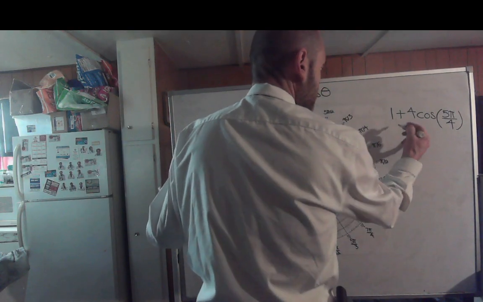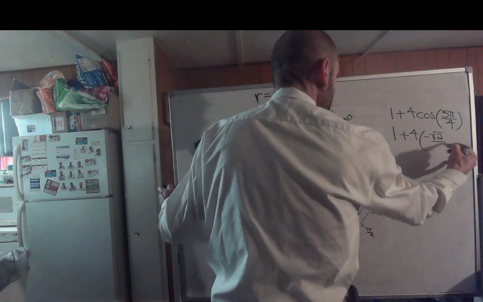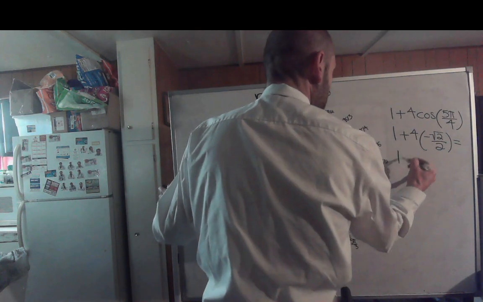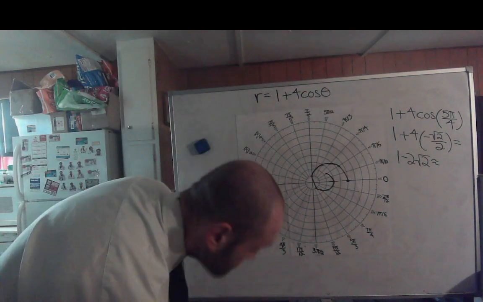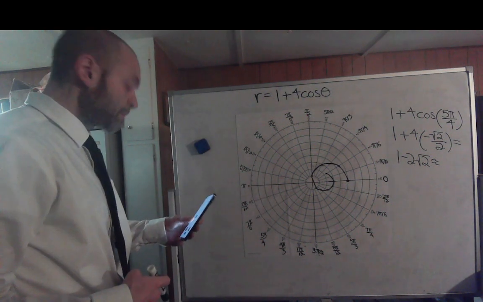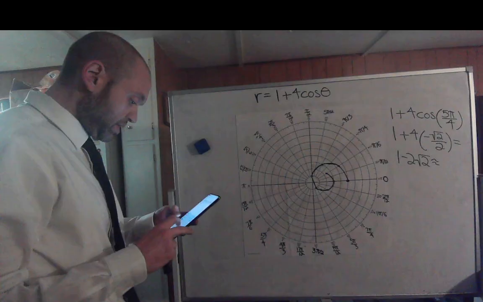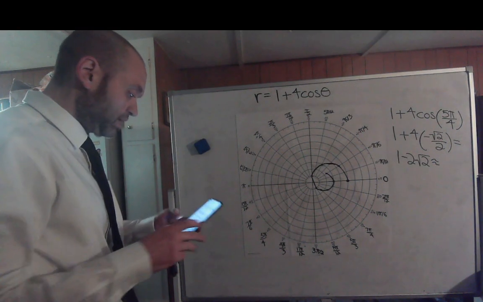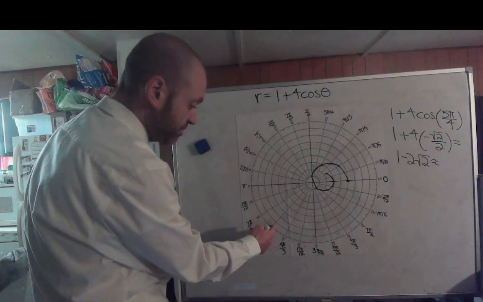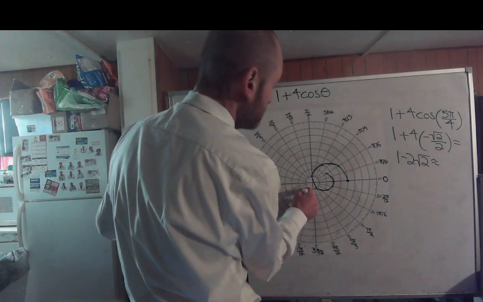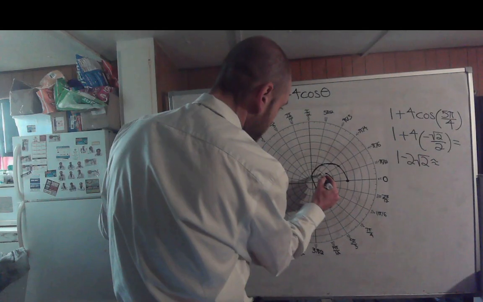That's square root of 2 over 2, so this would actually be 1 plus 4 times negative square root of 2 over 2, which is the same as 1 minus 2 times the square root of 2. Let's see what we get for a decimal. So negative 2 times the square root of 2 plus 1, that's about negative 1.83. But if I go backwards on the 5 pi over 4 axis in the negative, that puts me on the positive pi over 4 axis. So here's about negative 1.83 right there.